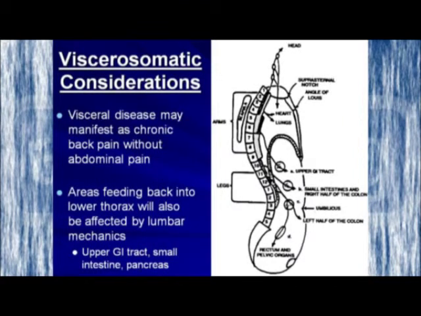With visceral disease, you can have a problem in the uterus or bladder or something that's irritating these areas that can manifest as a somatic dysfunction or a somatic complaint with low back pain, or a physiologic change that causes spasm and abnormal mechanics in the lumbar spine, the pelvis, and the sacrum.